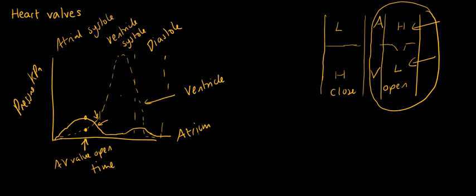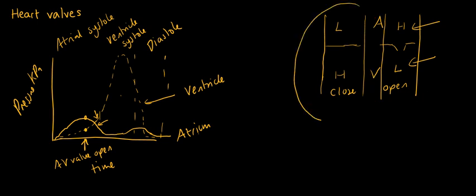The ventricle pressure has increased higher than the atrium pressure. You are now mimicking this scenario here where the pressure in the atrium is now lower than the pressure in the ventricle, which is now higher up here. So at this point, the AV valve is going to close. So at this crossover point, we're going to have the valve close.